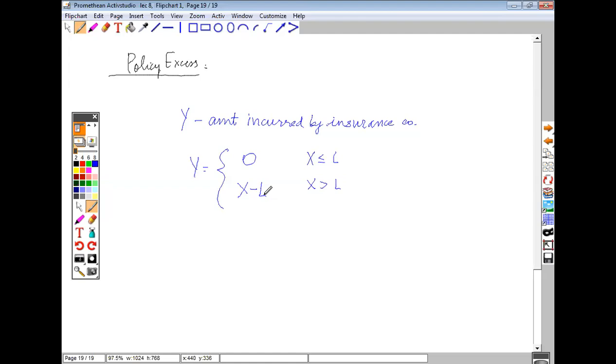Again, the premium paid on such policies will also be lower than the premium on policies where the insurance company incurs all of the X, as you said. So there will be some adjustments as well, and it will be up to the customer to decide.